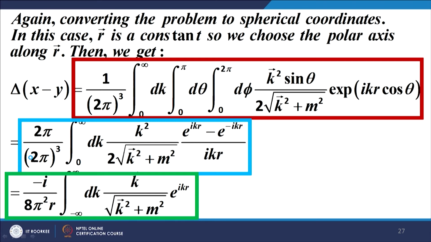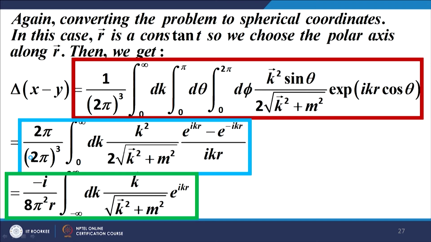And this can be simplified further, because by transforming k to minus k, and shifting the limits of integration from 0 to infinity to minus infinity to plus infinity, we get the expression in the green box here.